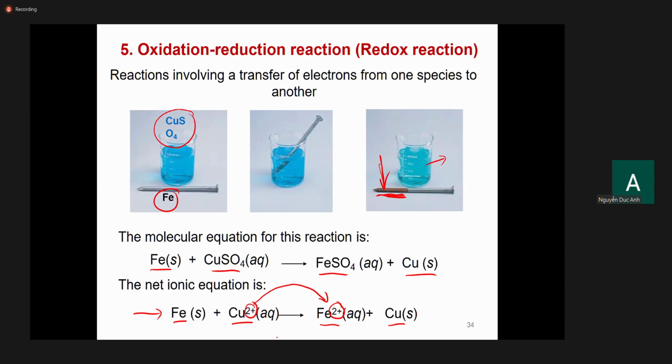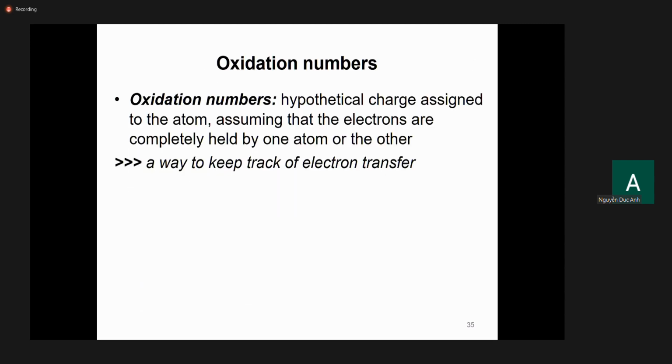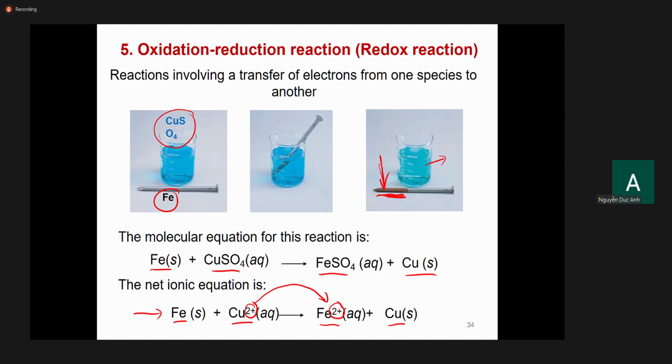It means there is a process of transferring electrons, in which iron will transfer electrons to copper 2+. When iron moves electrons out, it becomes iron 2+, and the copper 2+, lacking 2 electrons, gets 2 electrons from iron and becomes copper 0.